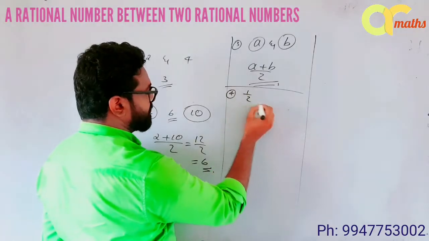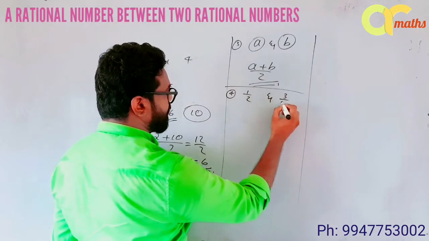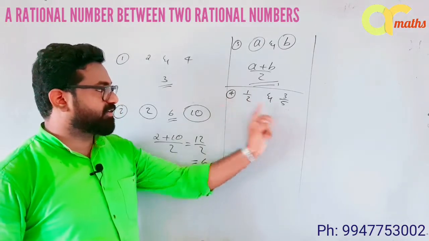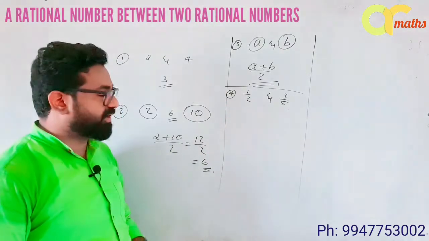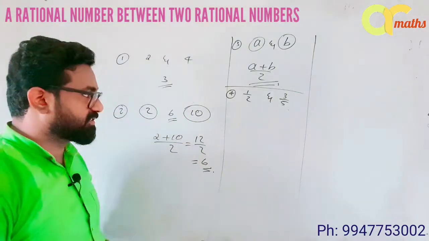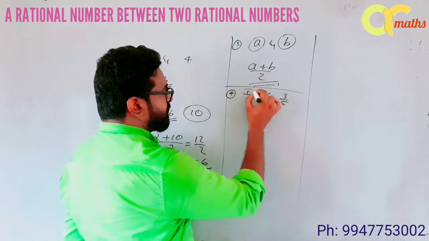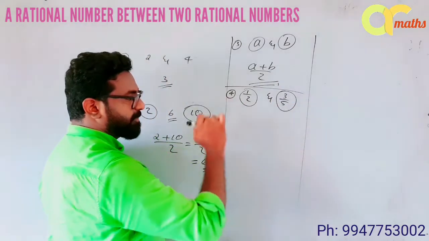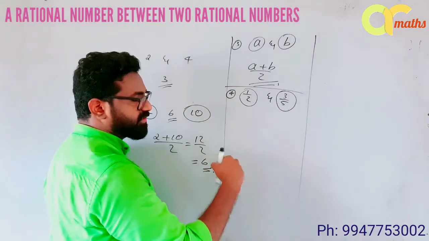Then what is the rational number between 1 by 2 and 3 by 5? How to find a rational number between 1 by 2 and 3 by 5? We want to find one rational number. To find a rational number between two rational numbers, find its average. What is the average of 1 by 2 and 3 by 5?